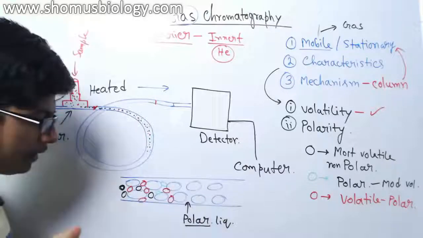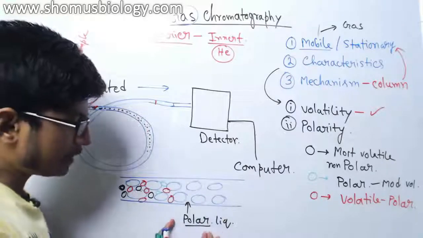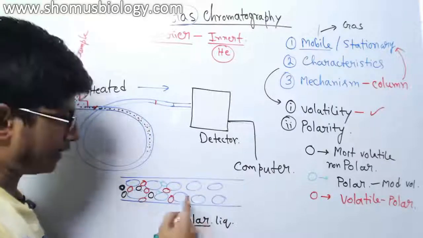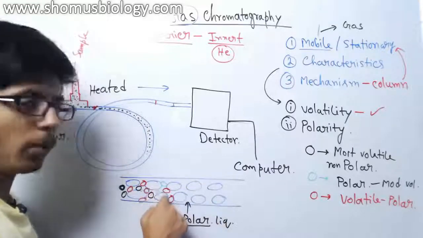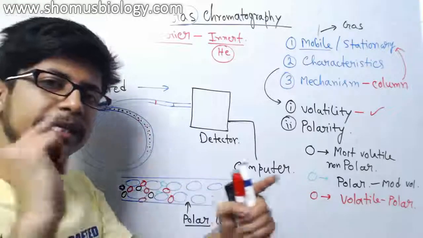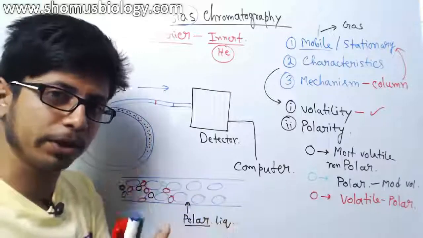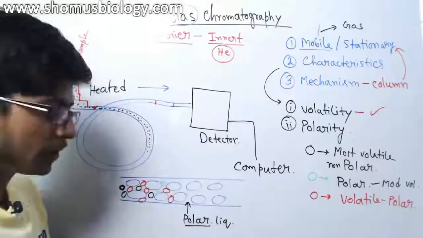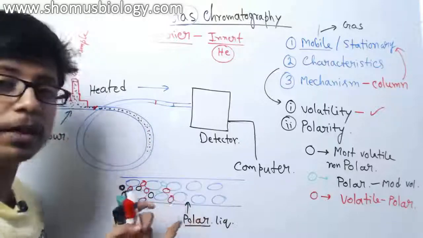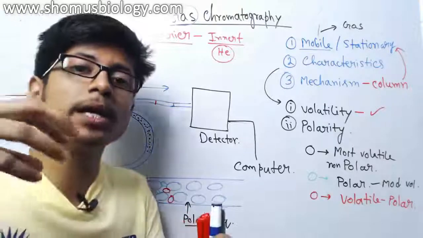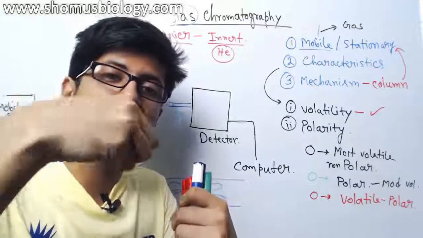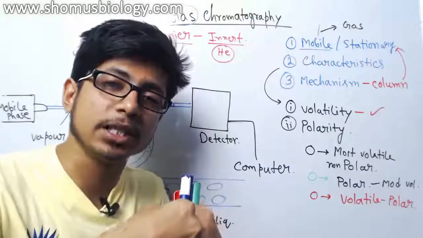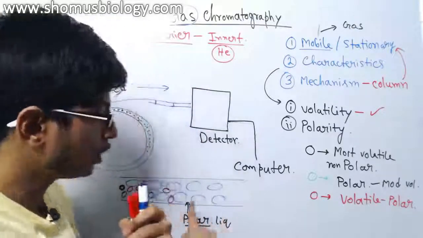Now remember one thing: the mobile phase molecules constantly interact with the stationary phase molecules. If the compound is polar, the interaction between polar and polar will be more. So the polar molecules tend to interact with the polar stationary phase, and they will take more time to reach the end.